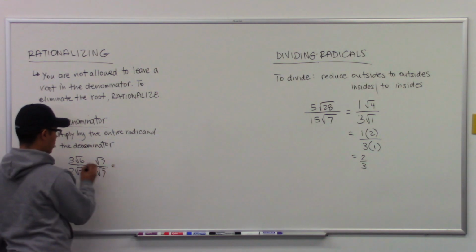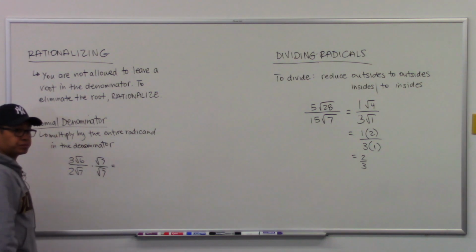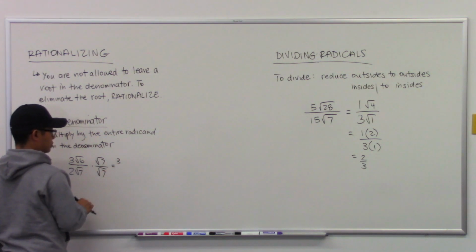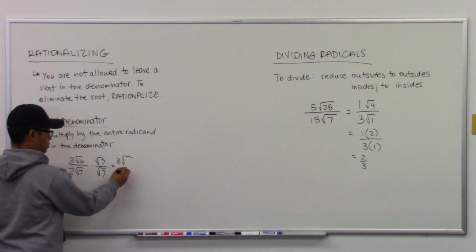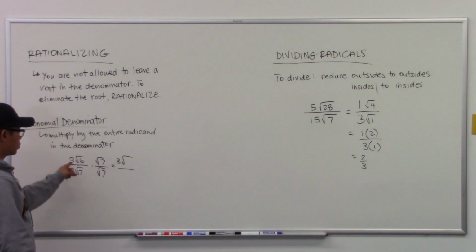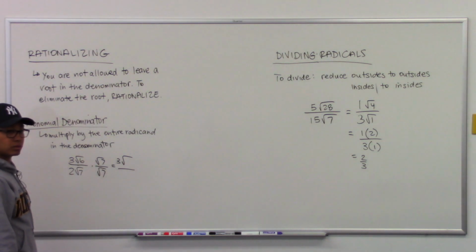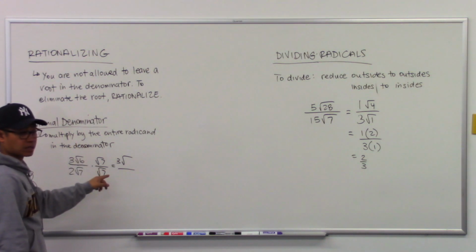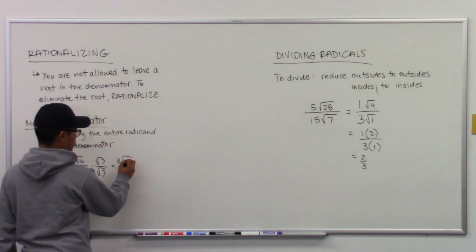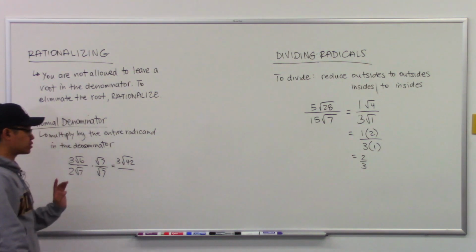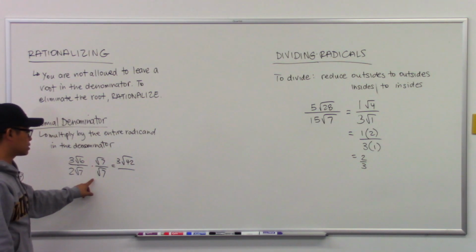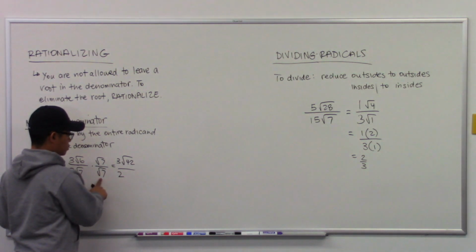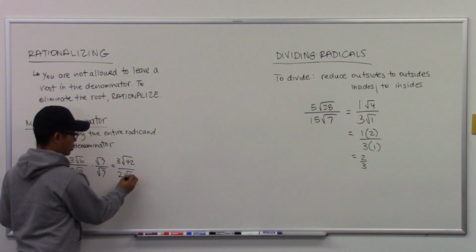So now when you multiply, what's 3 root 6 times root 7? So outsides to outsides, insides to insides. 3 root 42. 6 times 7 is 42. Then outsides to outsides, and you get 2 times root 49. Root 7 times root 7 is root 49.